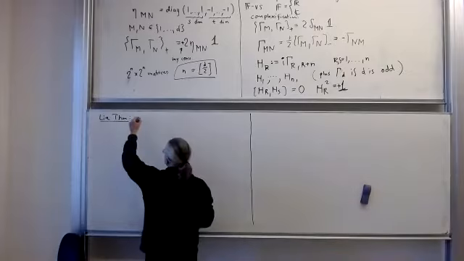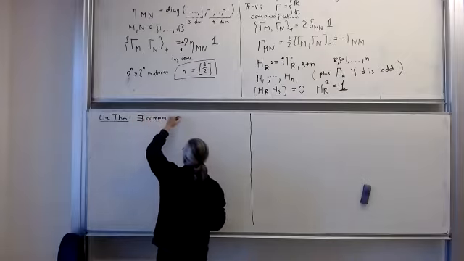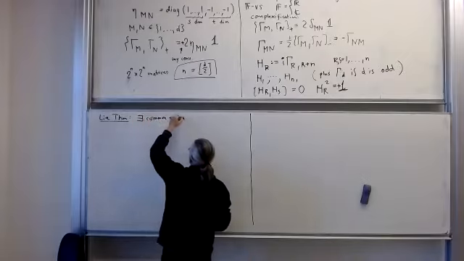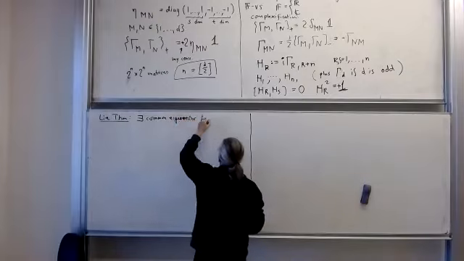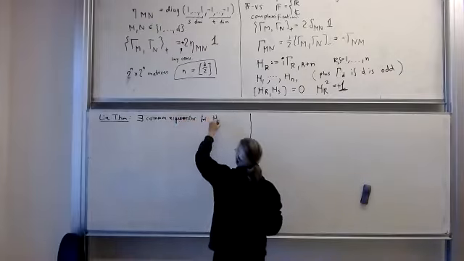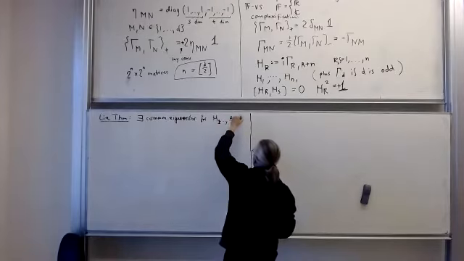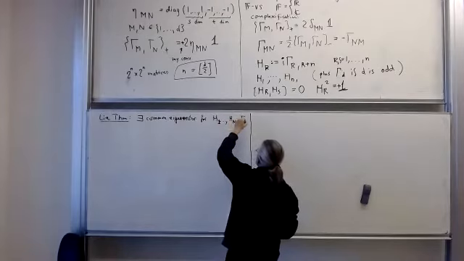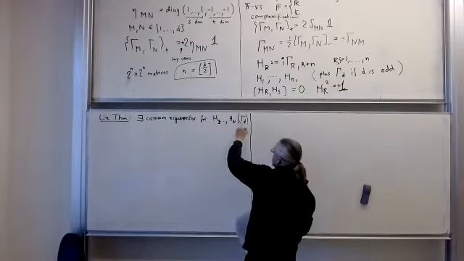So there exists a common eigenvector for h1 up to hn and gamma d, gamma d in odd dimensions.